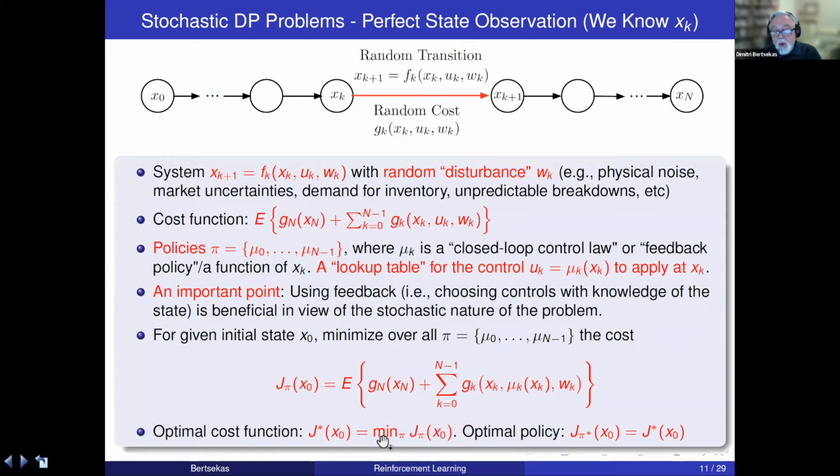Minimizing over all policies gives us a function that depends only on the initial state, and that's the optimal cost function of the problem. And our objective is to find J star and also to find a policy that achieves this optimum. And we are going to use dynamic programming to do so.